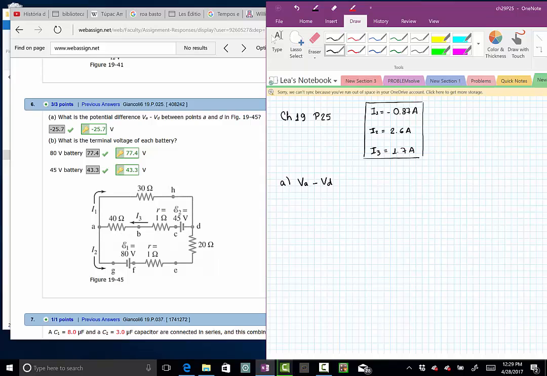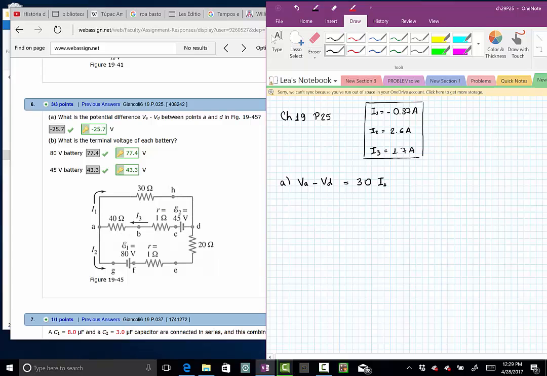So between A and D, we just have the resistance 30. I know that VA, where I'm starting from and going to D, would in principle be a higher potential, and VA is larger, so I would write this as plus 30 I1.